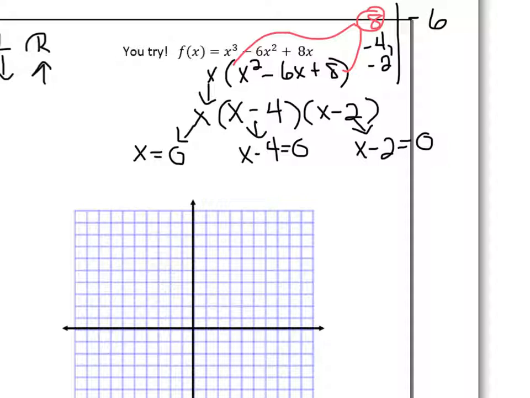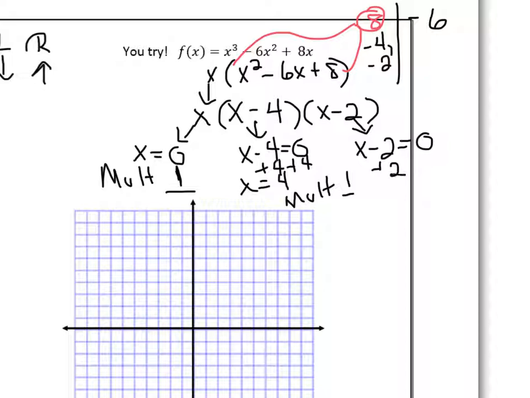This one only appears one time, so again we state it has a multiplicity of 1. The next one's going to have an answer because we're going to add 4, so x equals 4. Also only appears once, multiplicity of 1. Add 2 for the third 0, x equals 2, multiplicity of 1 because it only appeared once.